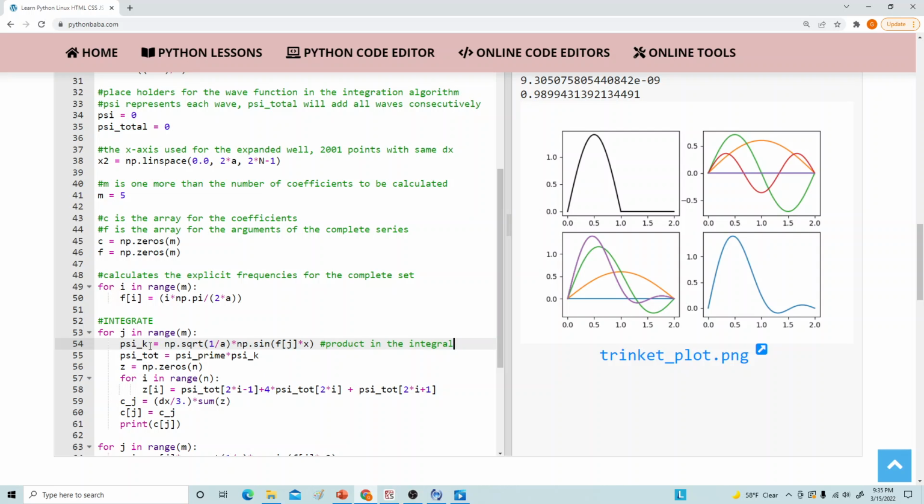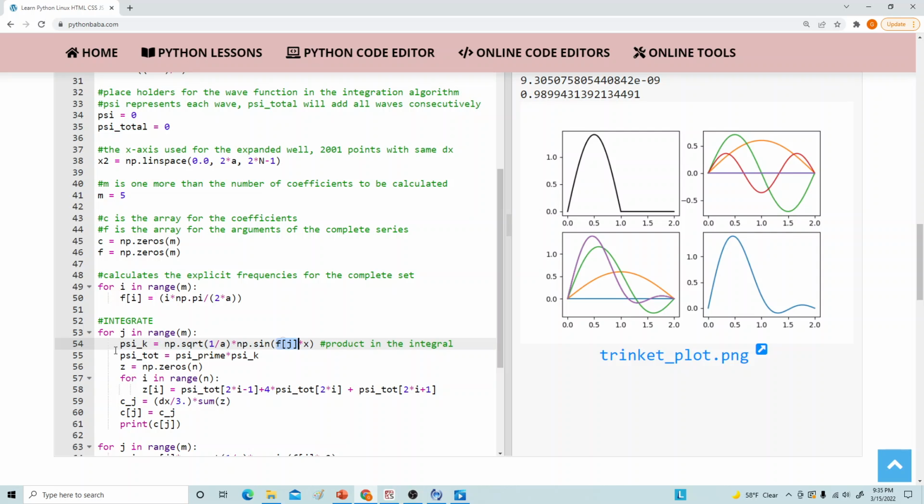Okay, so I went ahead and labeled this psi sub k, and this is np times the square root of 1 over a, and times the sine of the frequency times x.